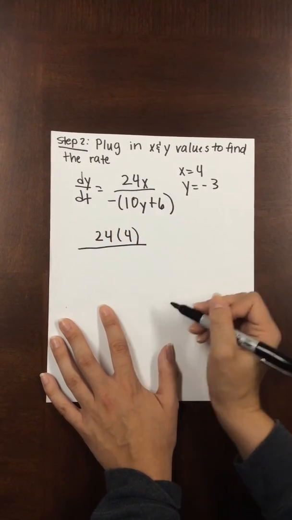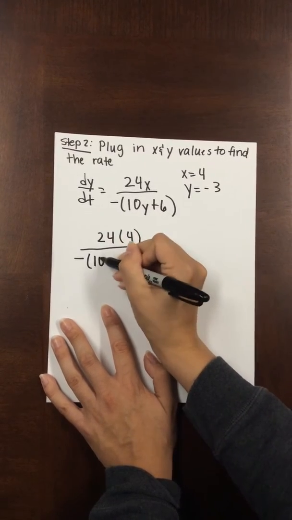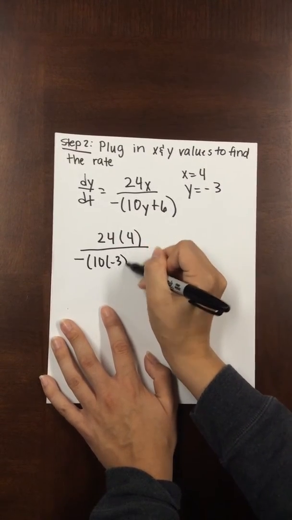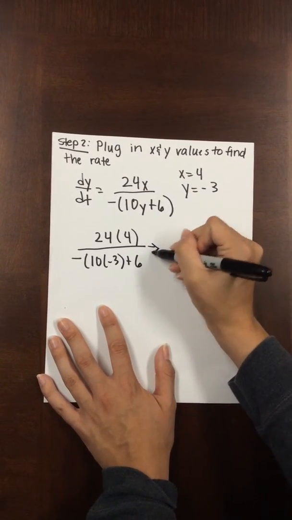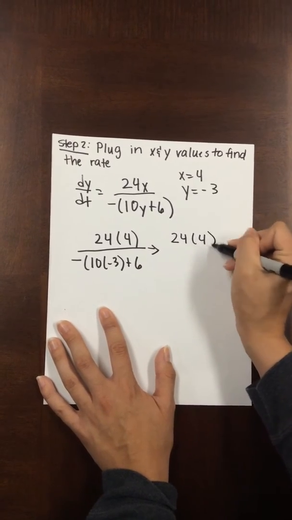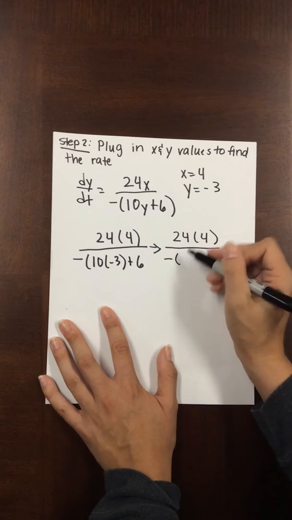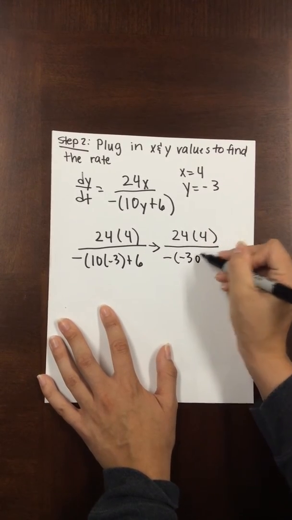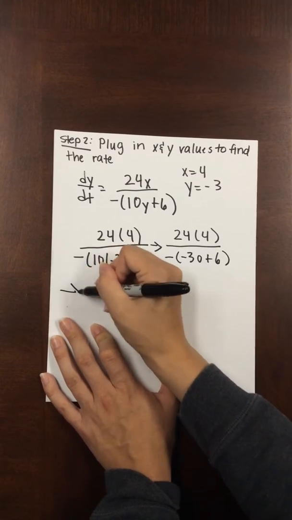On the bottom, we get a negative of 10 times negative 3 plus 6. Now let's start canceling some terms. 24 times 4 over negative of negative 30 plus 6.